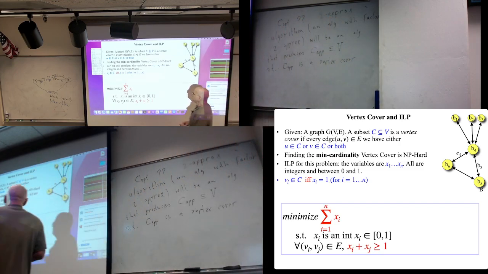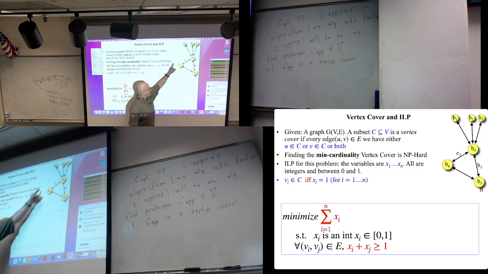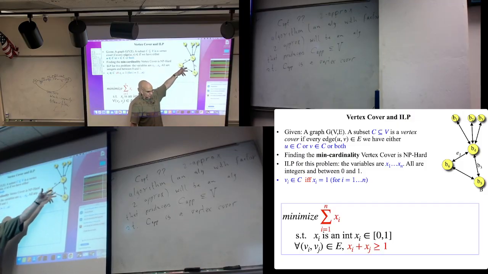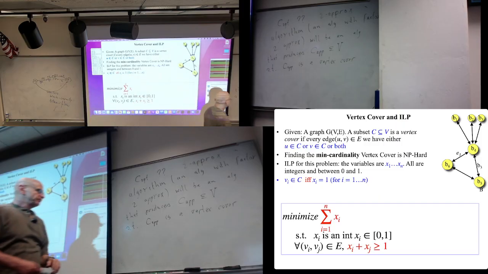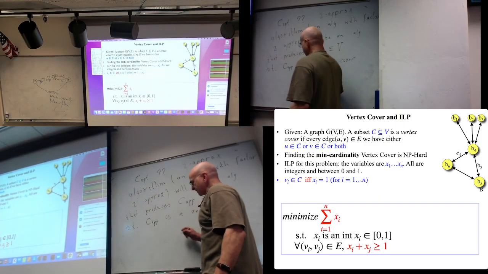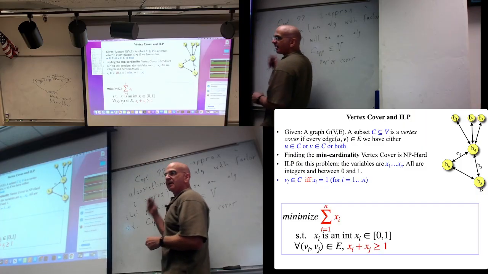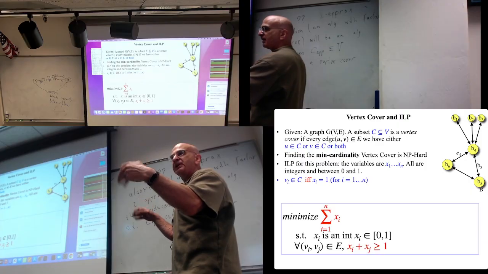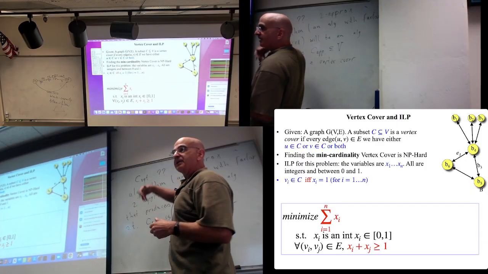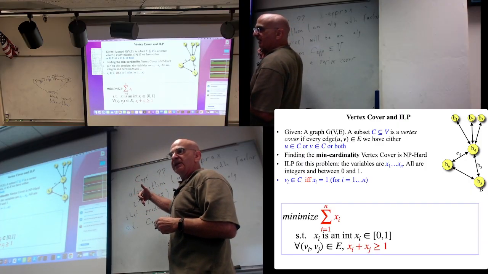That is, for every edge, C approx will have one of the endpoints of this edge in C approx. It still needs to be a vertex cover, but in addition, where the approximation comes into play, what am I trying to minimize? I'm trying to minimize how many vertices have to serve in the cover.